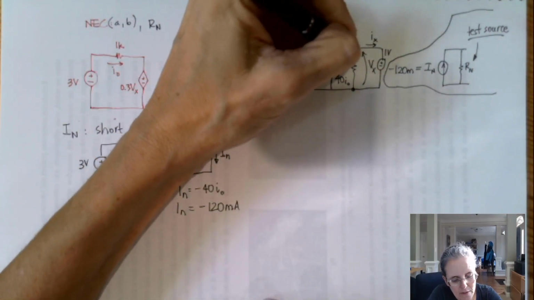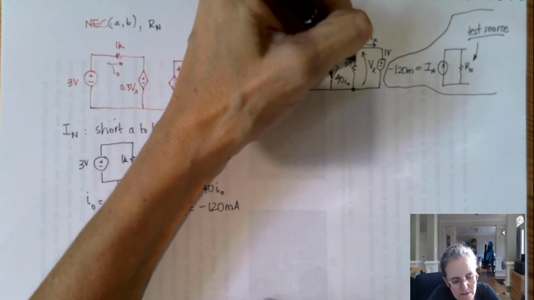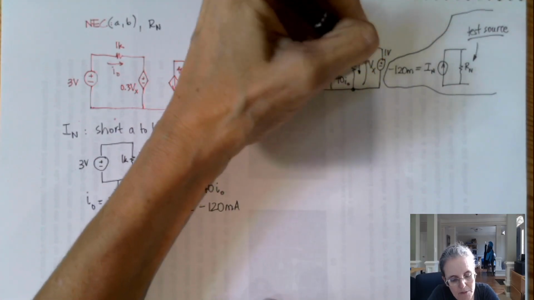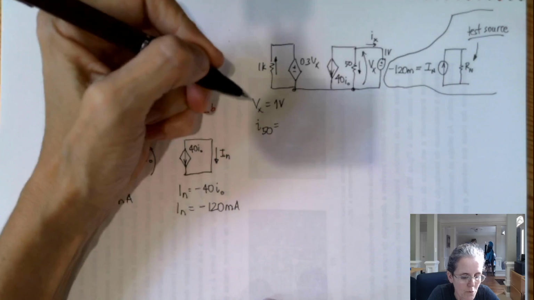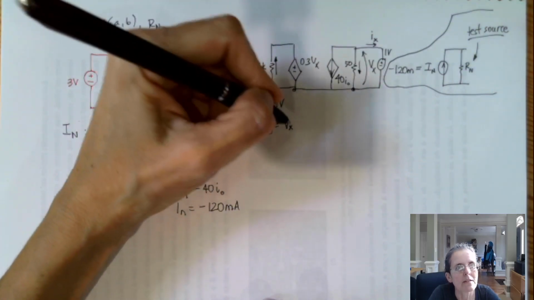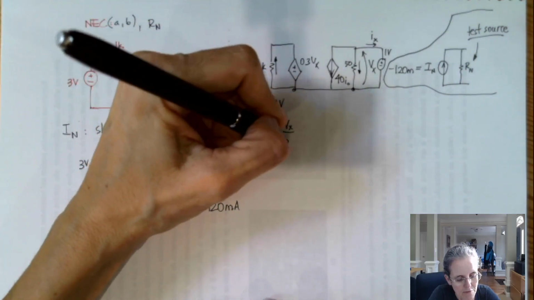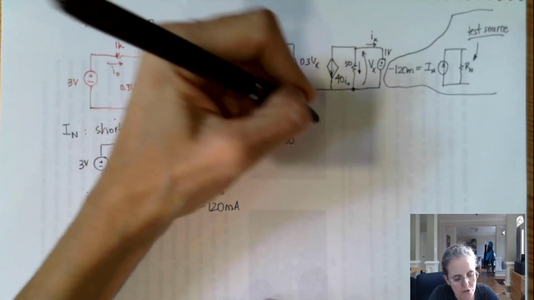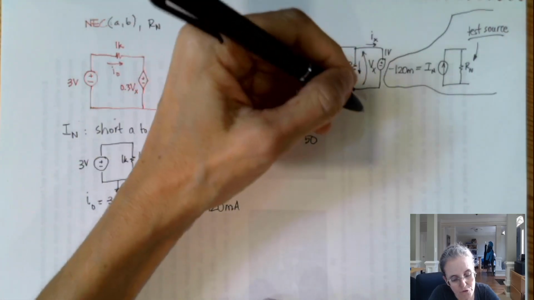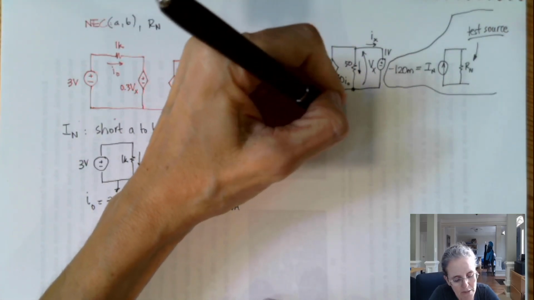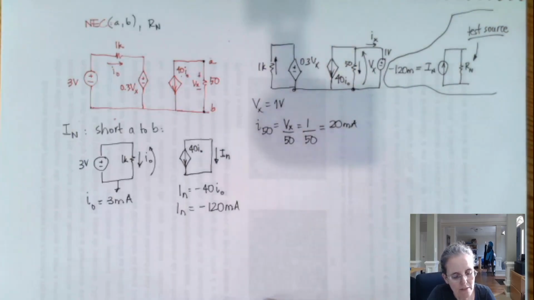Actually I don't know Ix, but if Vx is 1 volt, the I50 will be Vx divided by 50, which is 1 volt divided by 50, or 20 milliamps. So that's that current.